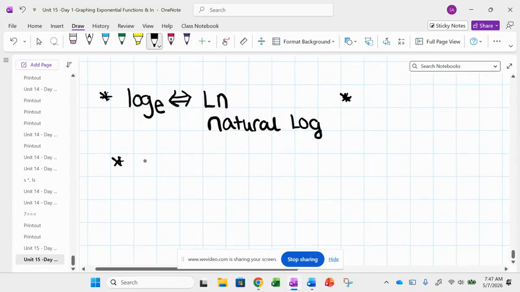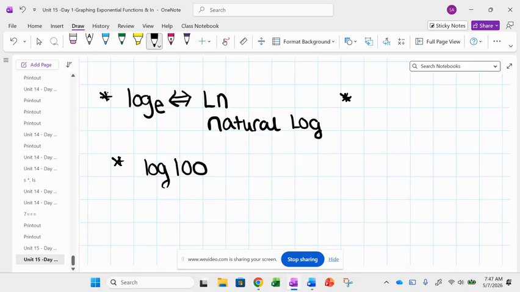Another thing to know, if I don't have a base written down, let's just say I have log of 100. Do you guys see that? No base written down. So whenever we have a log without a base, that's not ln, right? ln is log base e.